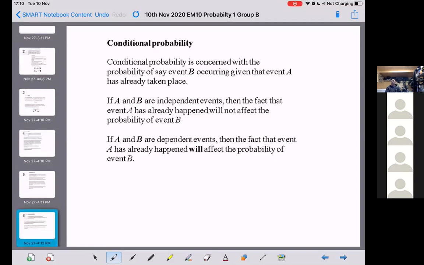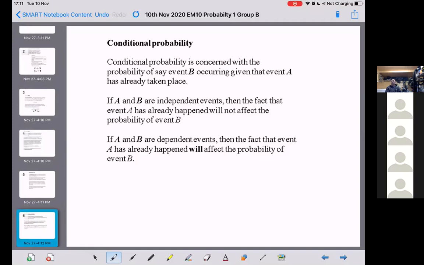Moving on then. Conditional probability. This is concerned with the probability of, say, event B occurring, given that event A has already taken place. If A and B are independent events, then the fact that event A has already happened will not affect the probability of event B. That would be the case in our with replacement sample.